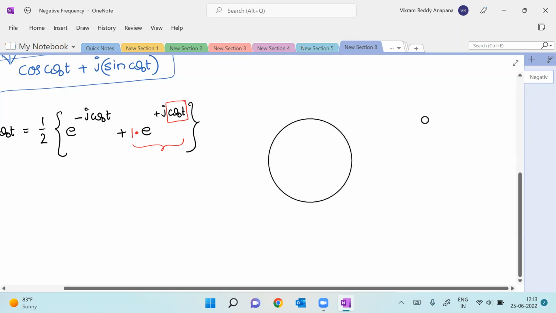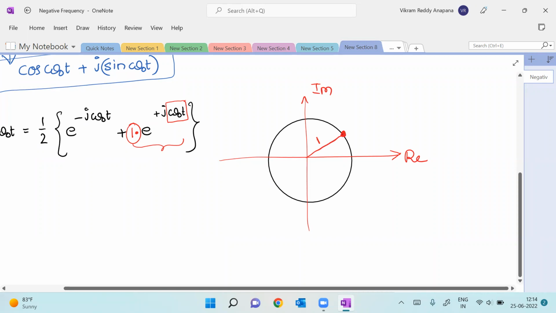Now this is your circle. So my real axis, imaginary axis. Okay, so this is 1. So I have a unit circle of radius 1, and this is some point on this circle.